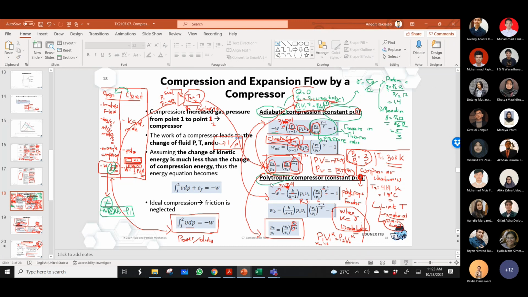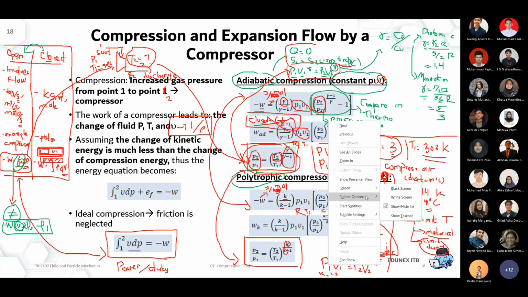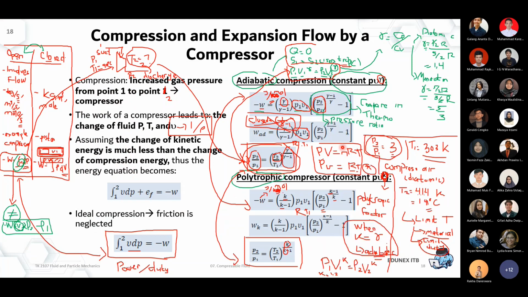You have PV and RT, then you combine V per N, and it becomes small v. Which is why the basis should be per mole instead of per kilogram, because N is mole.